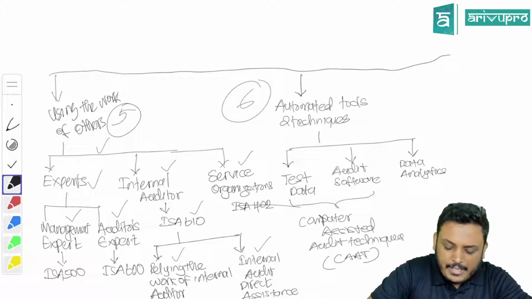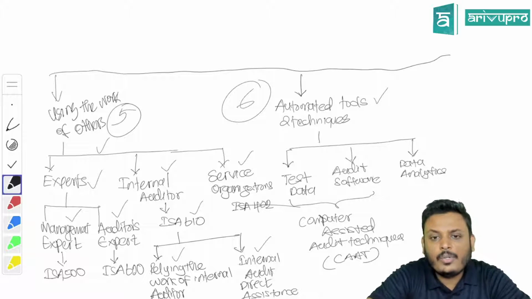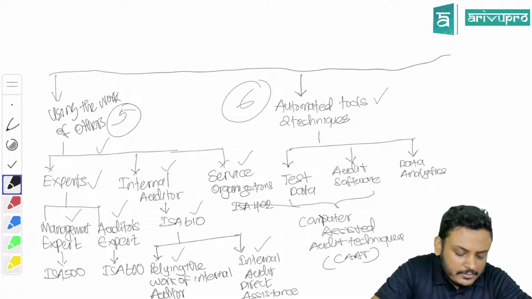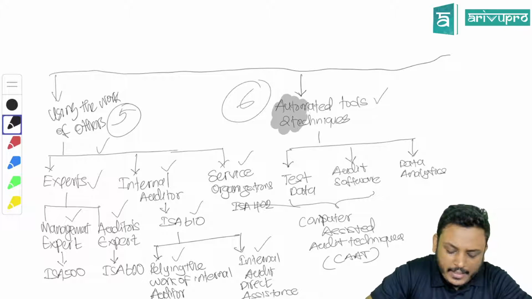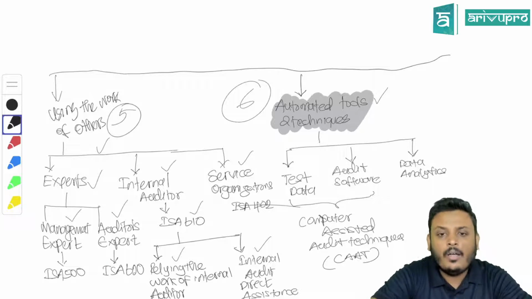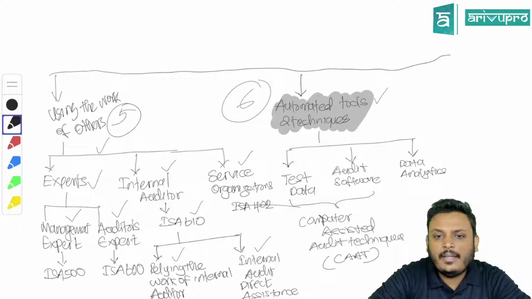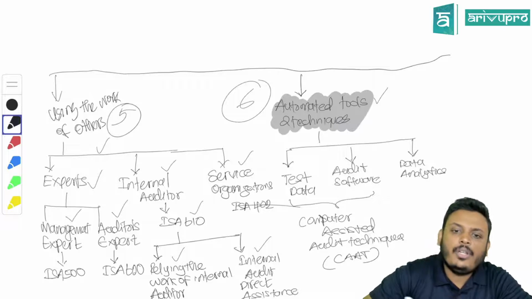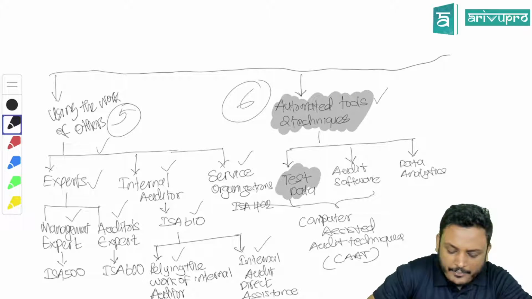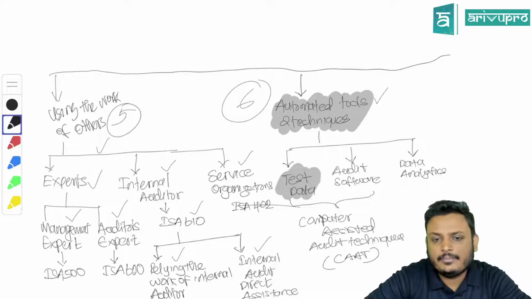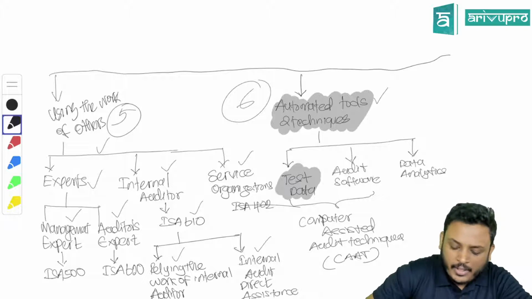Number 6, automated tools and techniques. It's a newly added area to the syllabus. If I take automated tools and techniques, we are going to discuss test data and audit software.